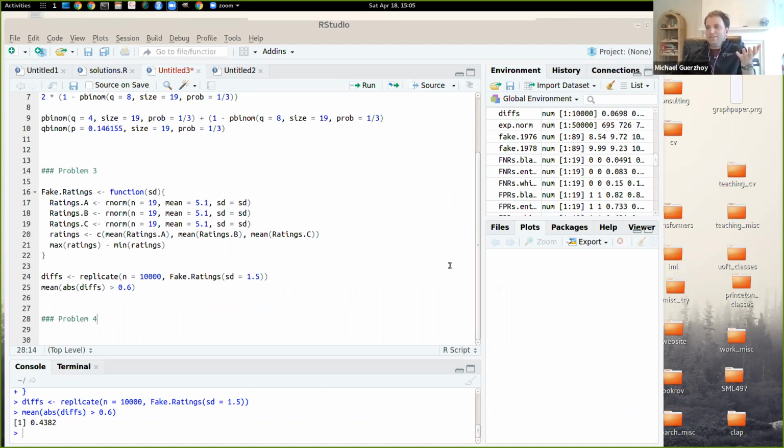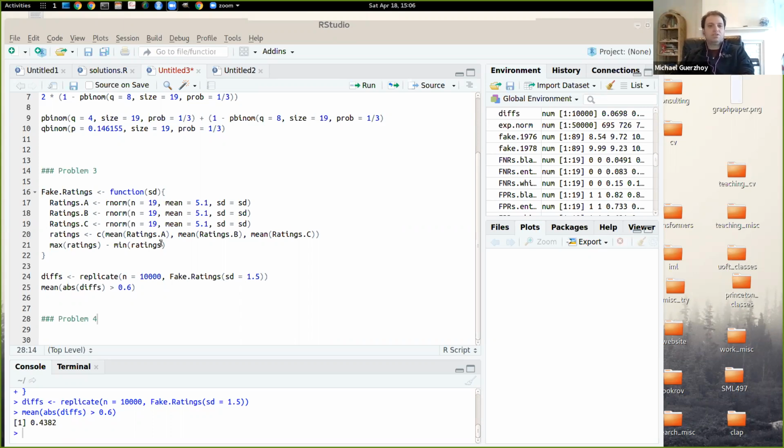Then how many tasters do we need, so that when we detect a range of 0.6, we can say that's actually genuine? In other words, we want the sample size n such that we usually would not see a difference of 0.6 when the true difference is 0.